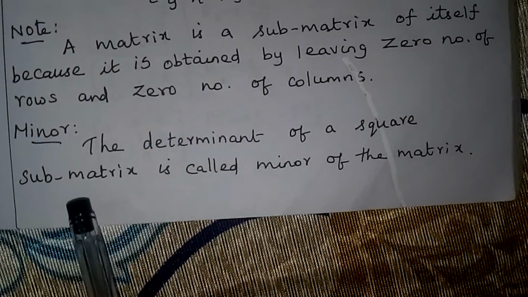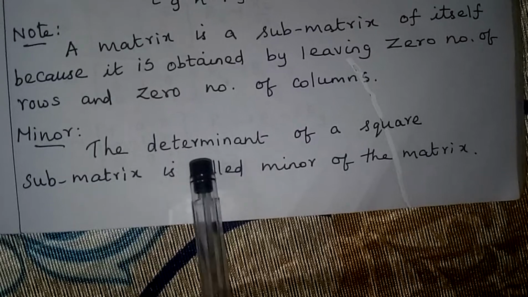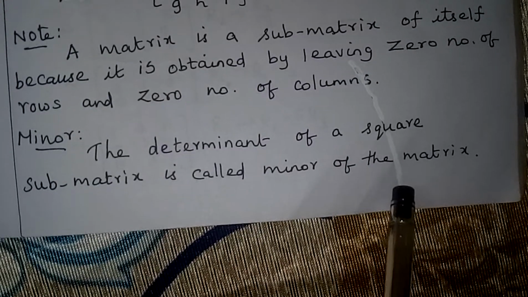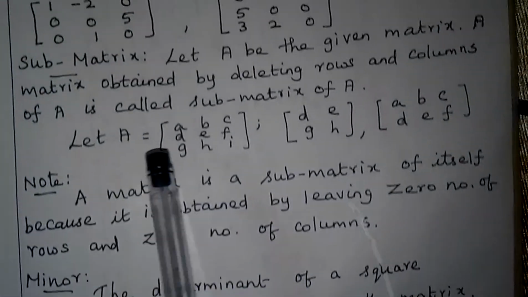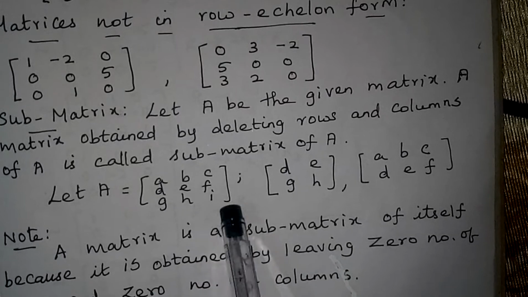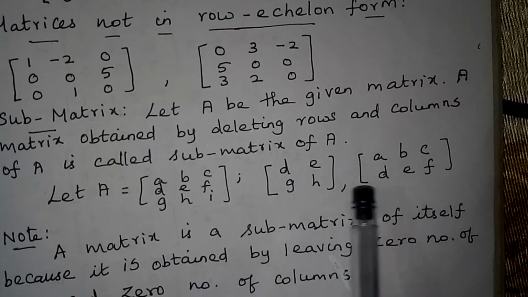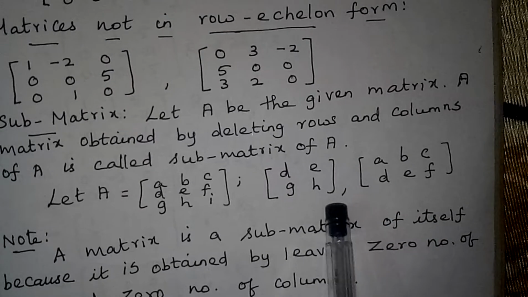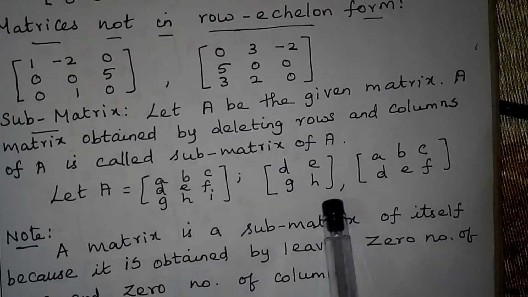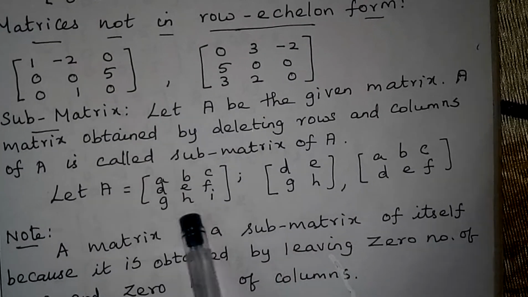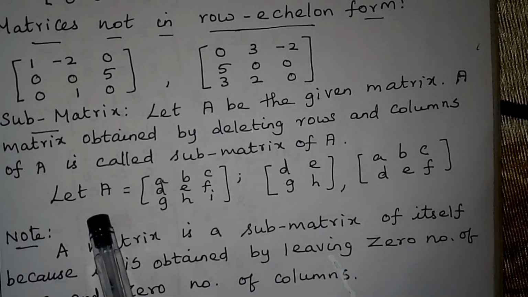Now we can see what a minor is. Minor means the determinant of a square submatrix is called a minor of the matrix. Listen here, just now we saw what a submatrix is, isn't it? For a given matrix we can form different submatrices. Among all the submatrices, the determinant of a square submatrix is the minor. You see here, this is a square submatrix because the given matrix is a square matrix itself.